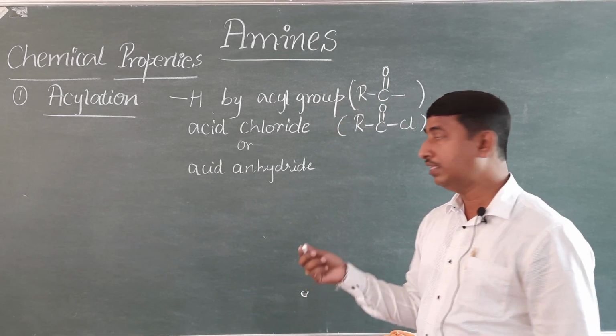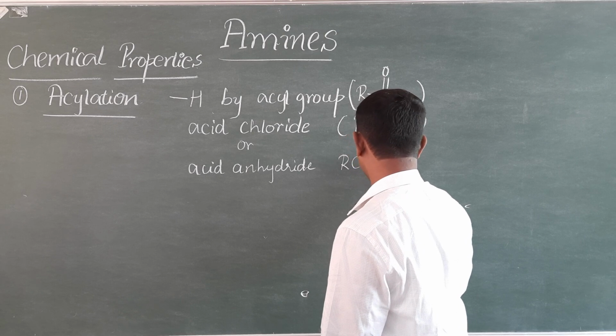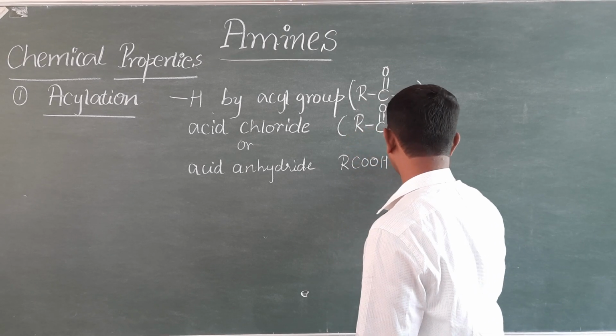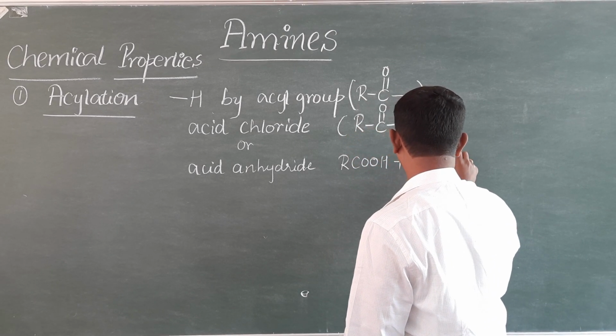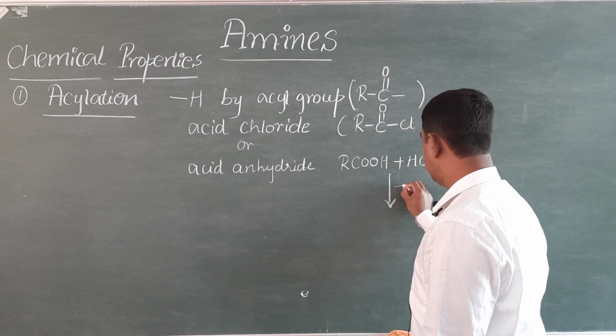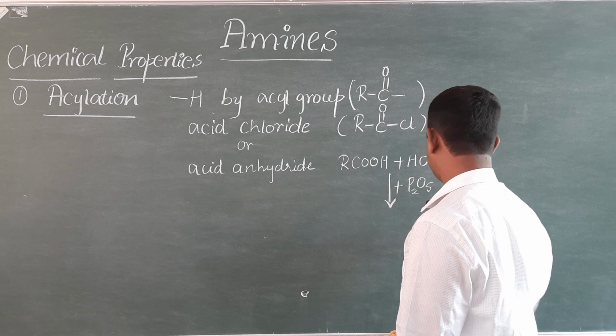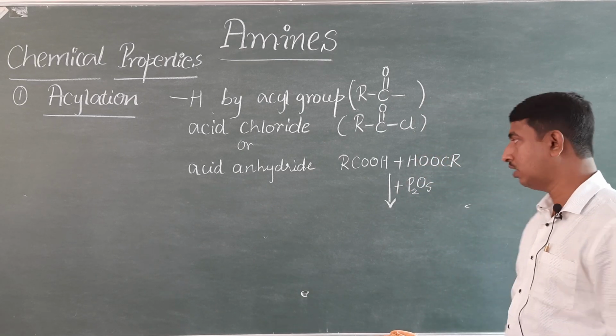Anhydride means without water molecule. So, we need 2 molecules of acid heated in the presence of dehydrating agents, either phosphorus pentoxide or sulfuric acid.